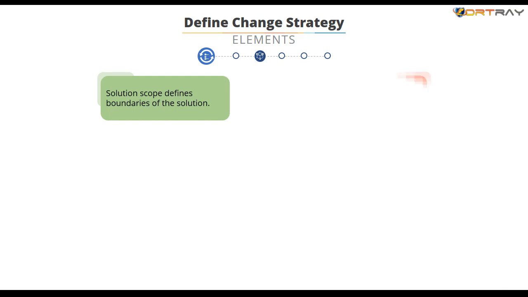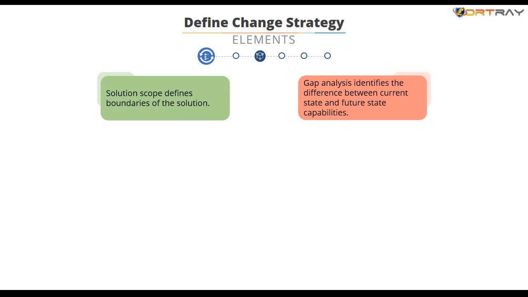The Define Change Strategy task has the following elements. The solution scope defines the boundaries of the solution in great detail. This ensures that the stakeholders can understand which capabilities the change will deliver. Gap analysis identifies the difference between the current state and the future state capabilities.